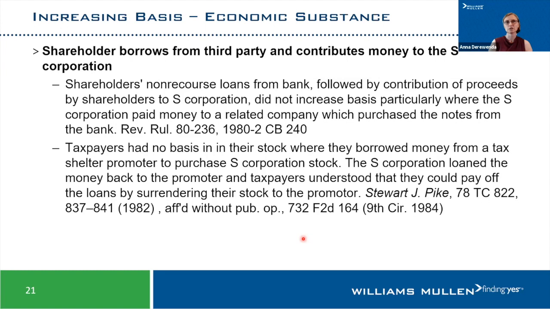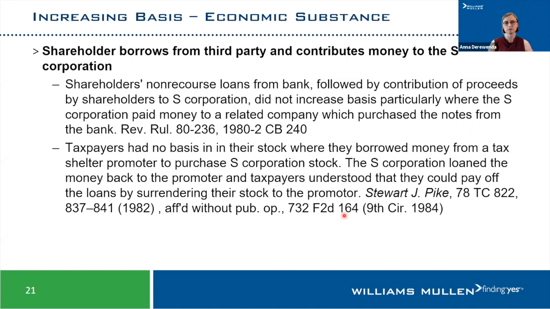Especially in situations where you're getting money from an affiliated entity in the group, or maybe from a willing third party, like in this example in the Stewart Pike case where they used a promoter.